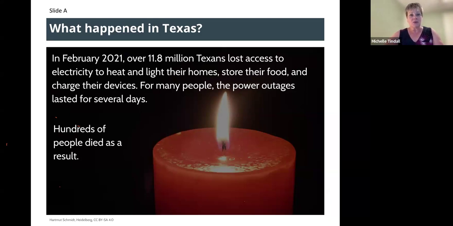In February 2021, over 11.8 million Texans lost access to electricity to heat and light their homes, store their food, and charge their devices. For many people, the power outages lasted for several days. Hundreds of people died as a result.